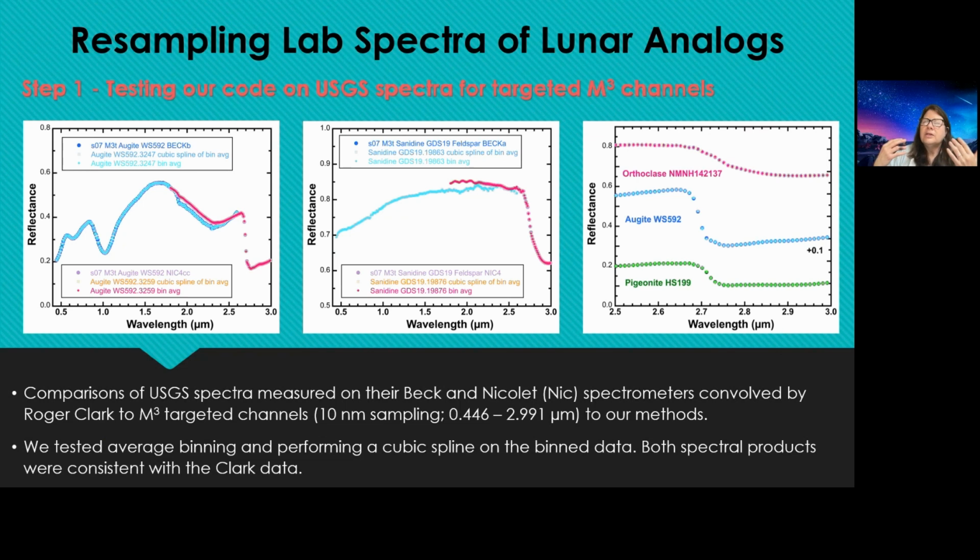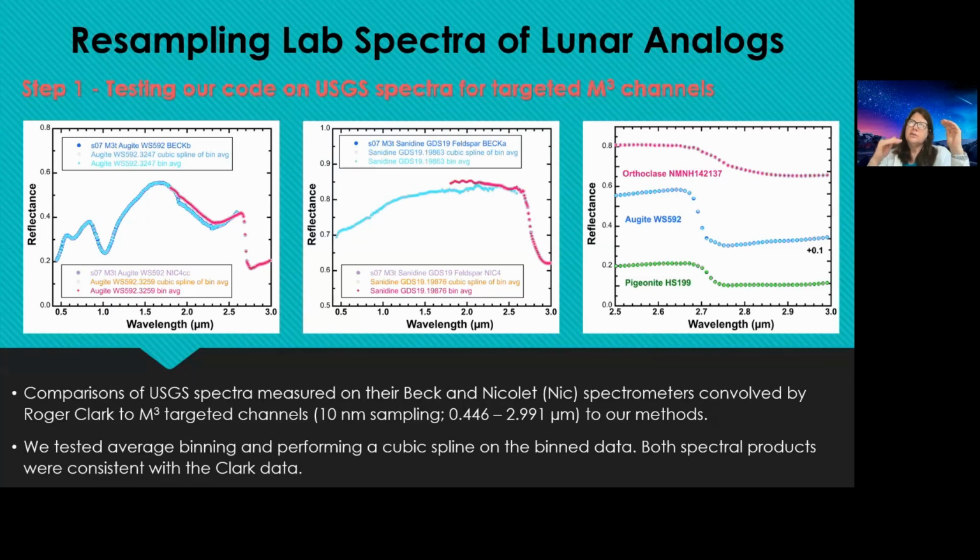In order to get a collection of lab spectra, we first looked at what had been done, and we found that Roger Clark had processed his spectral library at the USGS for the M-Cubed targeted channels. This means 10 nanometer sampling across the spectral range of M-Cubed from 0.446 to 2.991.